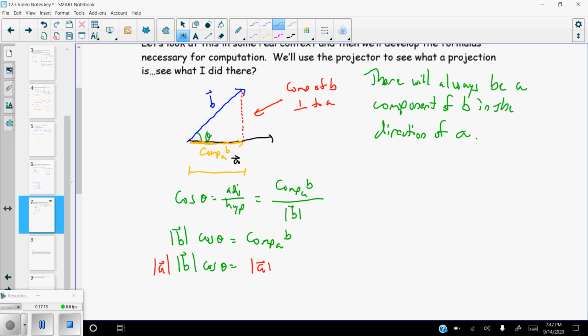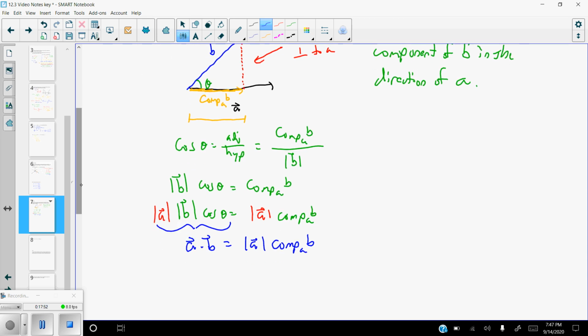If you're thinking back to what we've already done, the magnitude of A, magnitude of B, cosine of theta is the same thing as the dot product of A and B. So what this gave us was the dot product, A dotted with B. So I get magnitude A times the component of B onto A. Now if I want to find the component of B onto A, all in terms of vectors, I can just divide by the magnitude of A. And we're going to get the component of B onto A is A dot B over magnitude of A.